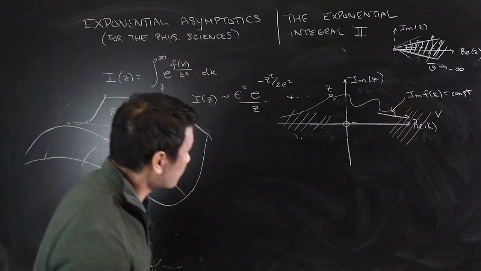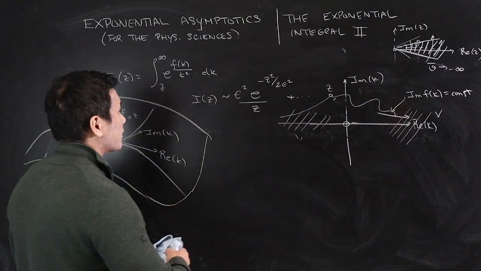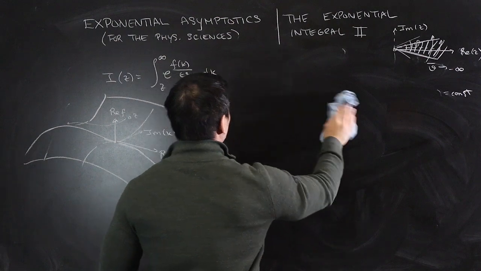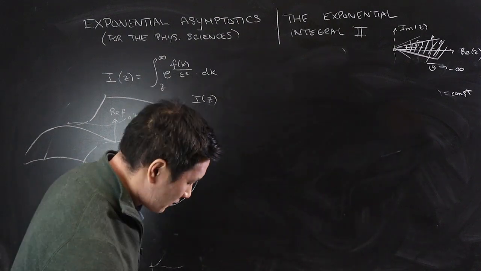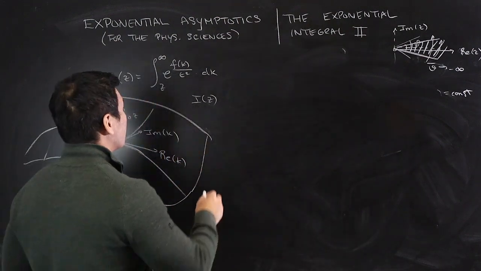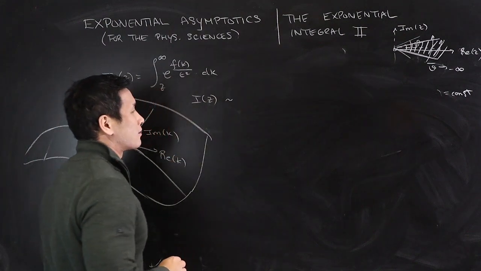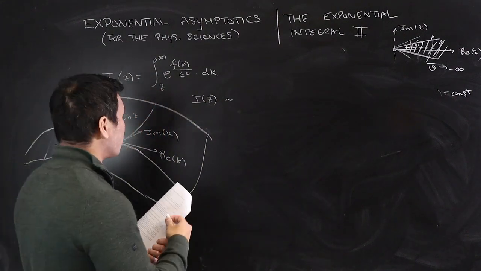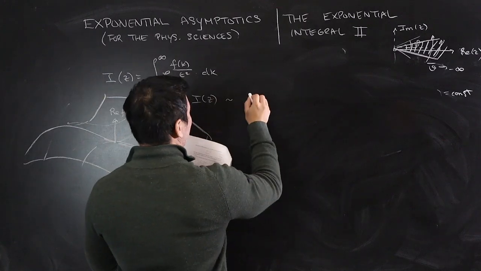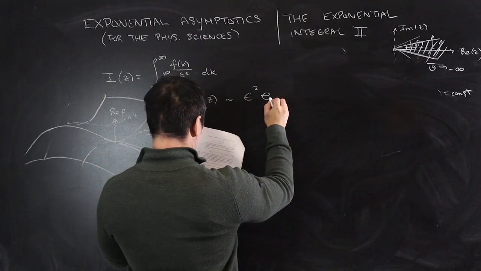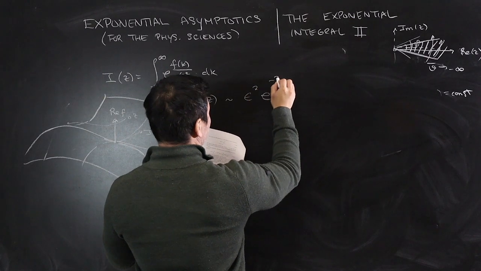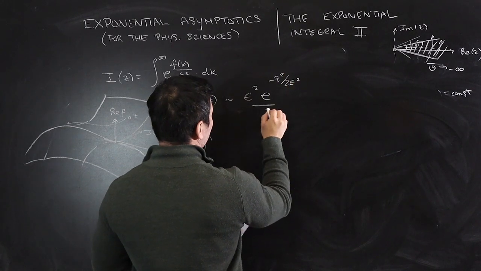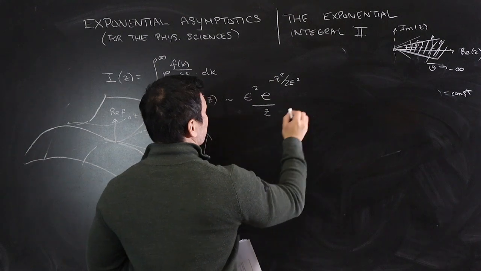Okay, so if z is in the left half plane, I'm going to have my usual contribution, which I just erased, but I can write that as e to the minus z squared over 2 epsilon squared times epsilon squared over z, plus dot dot dot.